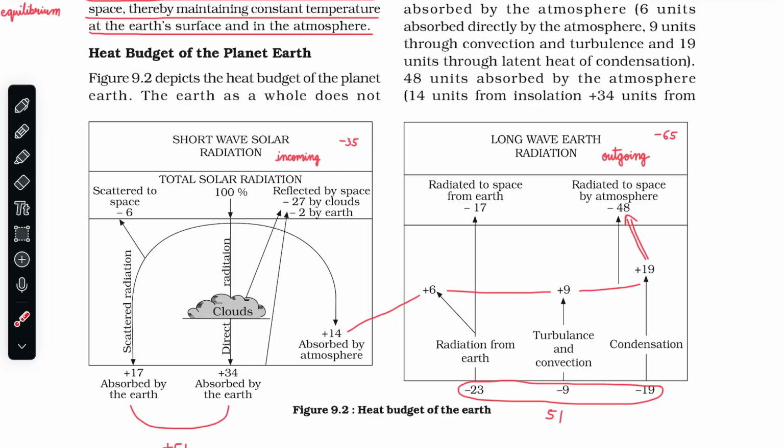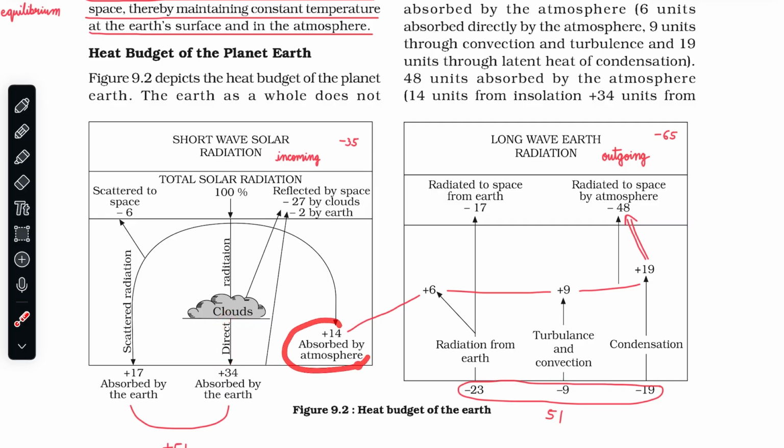Then out of the scattered radiation, there are two parts. One is scattered to space, one is deflected towards the Earth's surface. So out of that, 17% is absorbed by the Earth, 34% is also absorbed by the Earth via direct radiations which travel directly.